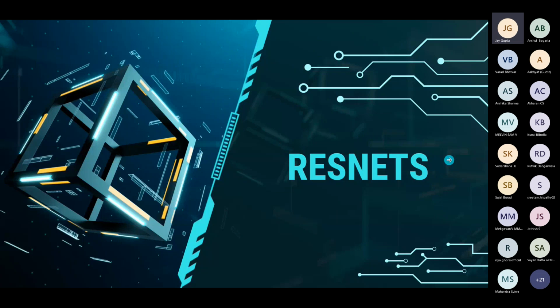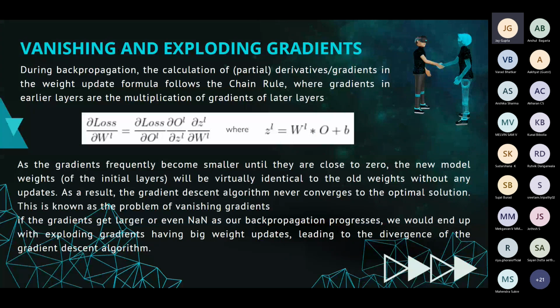Okay, let's start with ResNets. There is a problem of vanishing and exploding gradients in convolutional neural networks. In vanishing gradients, during backpropagation we update the weights by calculating the gradient of the loss function with respect to the weights.